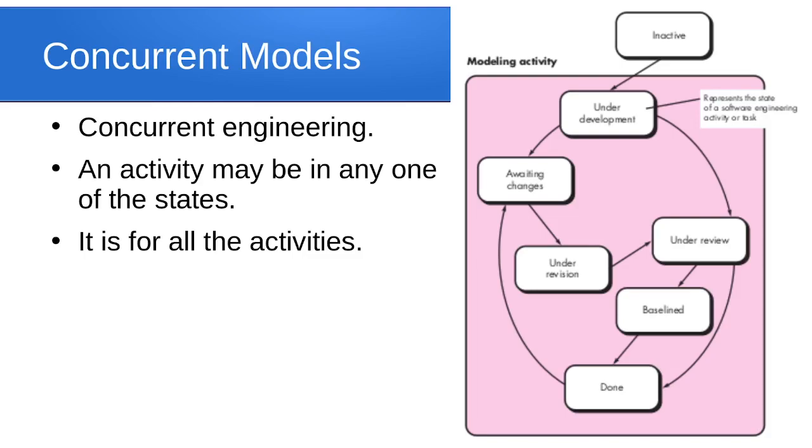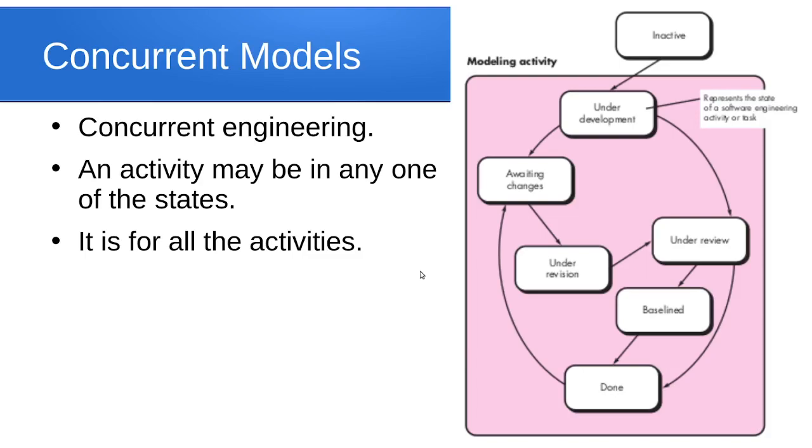So we are calling it the concurrent model: all the activities are running, and some of them might be in the awaiting changes state. Initially they were in the inactive state. However, after inactive, they will start under development, or they will be in awaiting changes. After done, they will be in the awaiting changes state. Okay. So this was something about concurrent models.